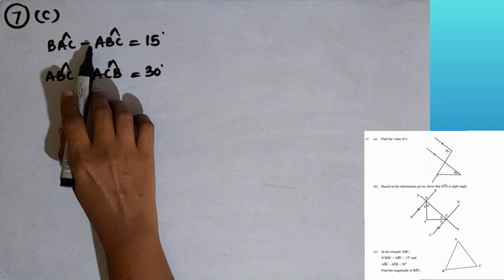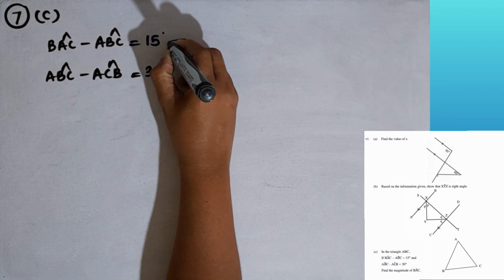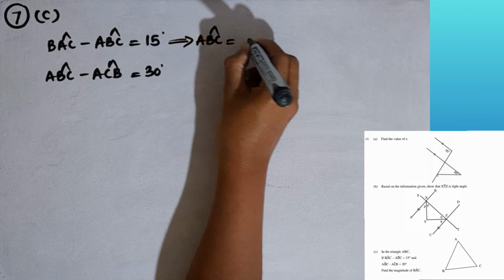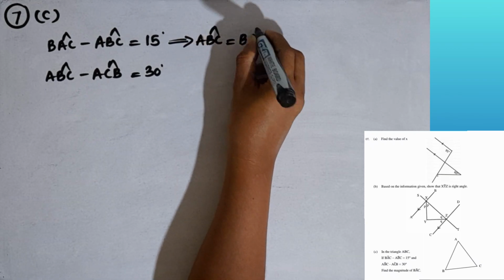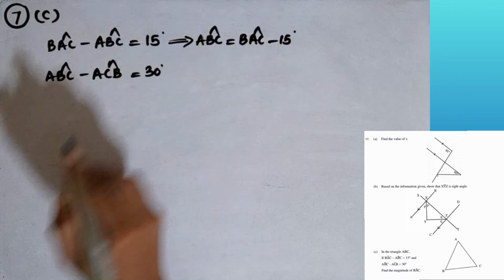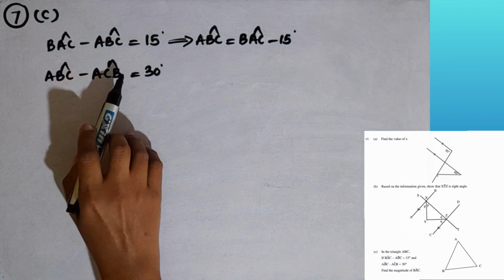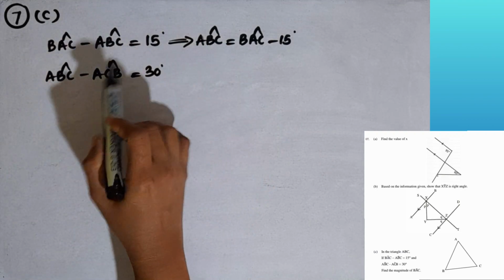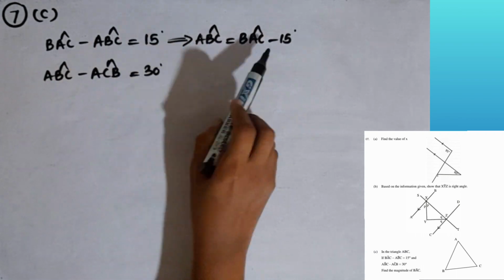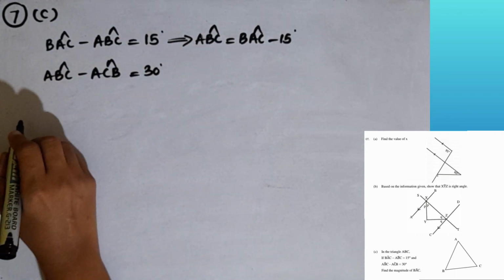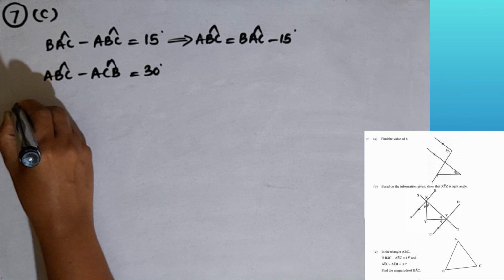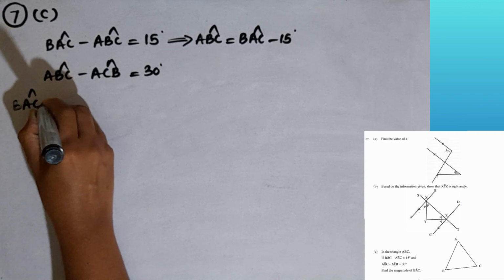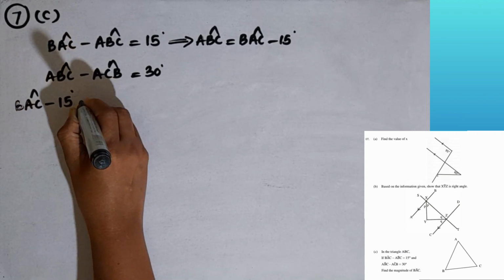So here I can write ABC angle. If you convert this, ABC angle equal to BAC minus 15. Then to find the magnitude of ABC in terms of BAC, I can substitute. ABC equal to BAC minus 15 degrees.